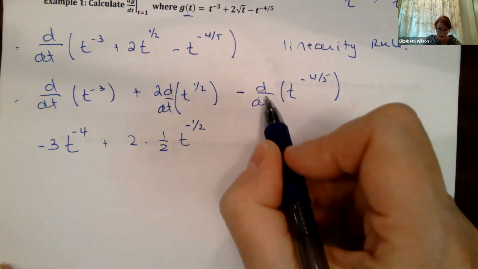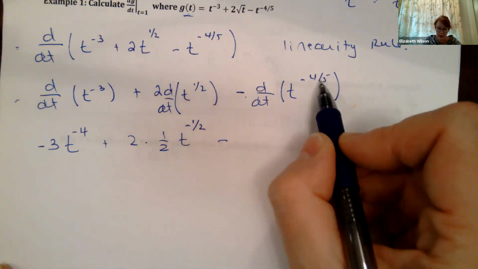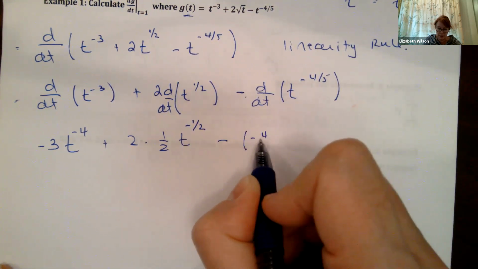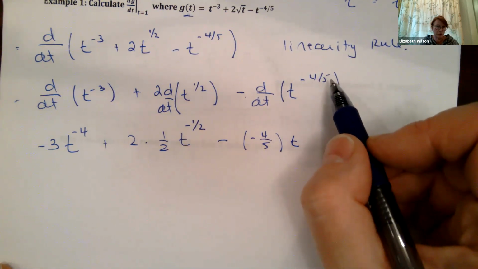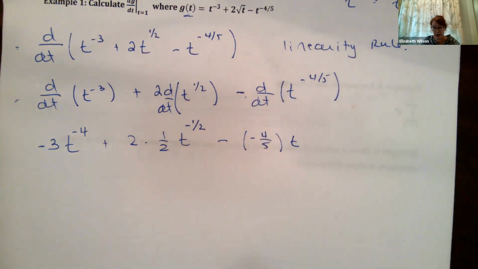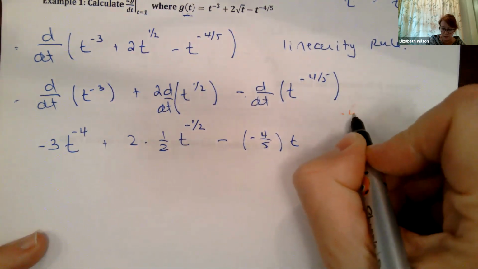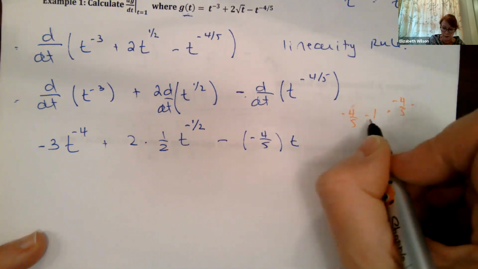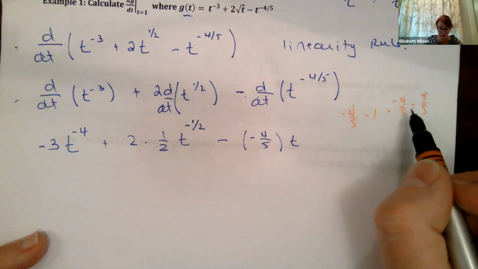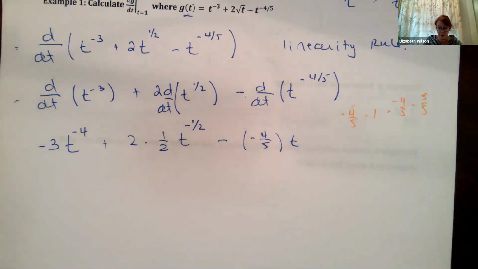Then I'm going to subtract, so I bring my exponent down, minus 4/5 t to the minus 4/5 minus 1. Let's remember our fractional rules: minus 4/5 minus 1 is like minus 4/5 minus the common denominator 5/5, so this becomes minus 4 minus 5, which is minus 9, over 5.